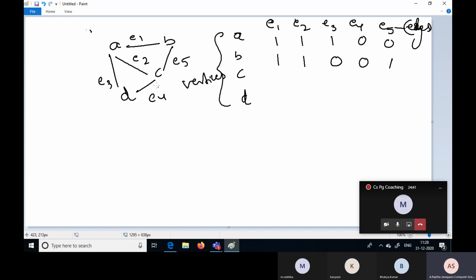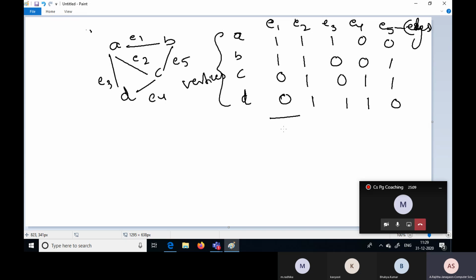Coming to C, E2, E3, E4 are there, and there is no E1 and E5. Coming to D, there is no E1 from D, only E3, E2, E4, and no E5. So this is the incidence matrix.